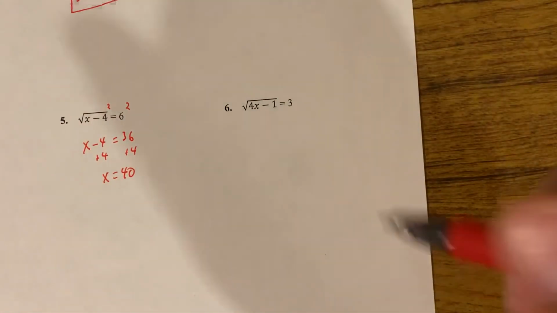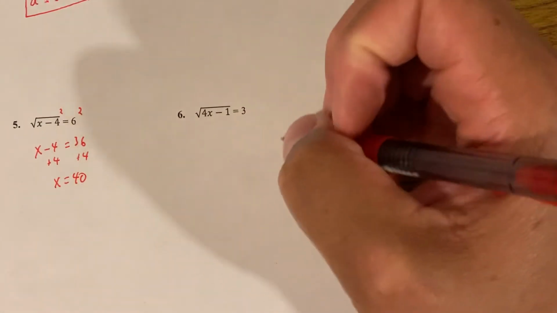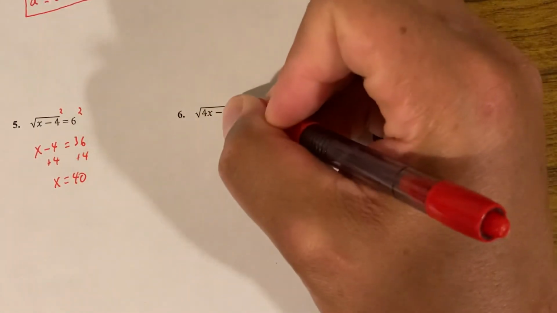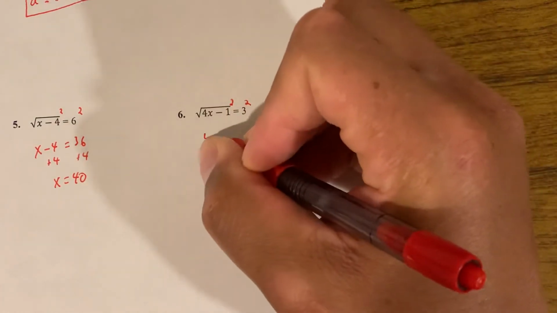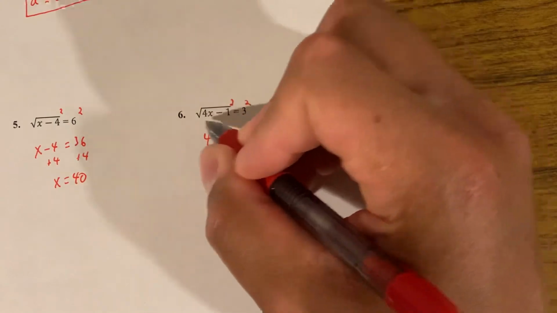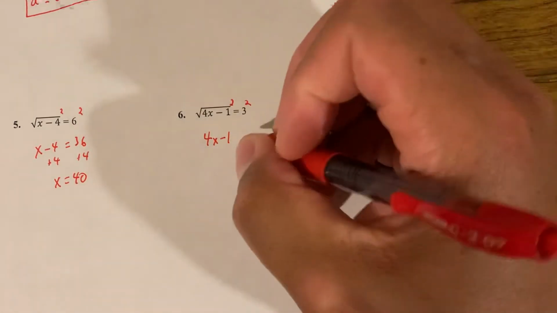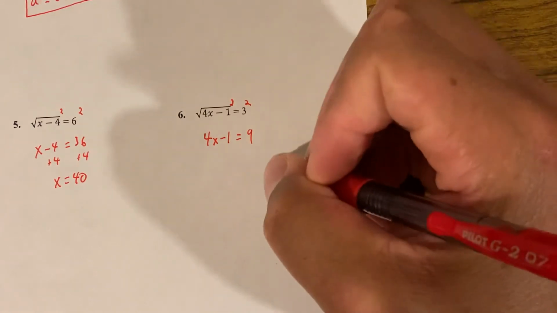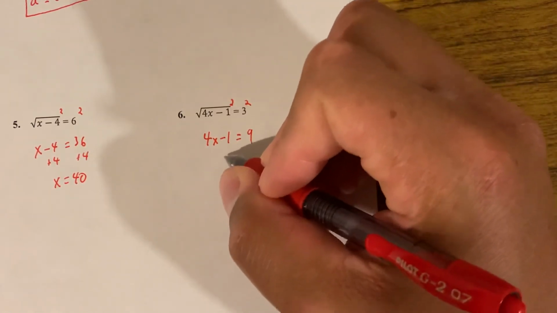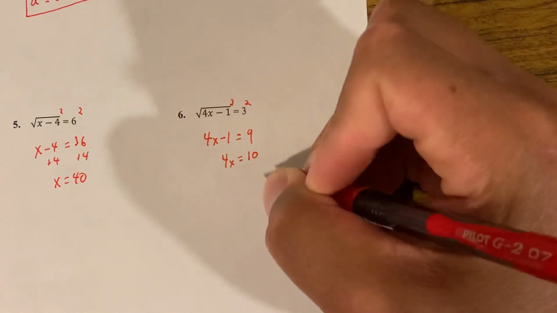Here, we have a little bit more work to do, but it's the same thing. The radical's already by itself, so square both sides. 4x minus 1, that squaring just takes care of the square root sign, doesn't do anything else, equals 9. Add 1 to both sides. 4x equals 10.